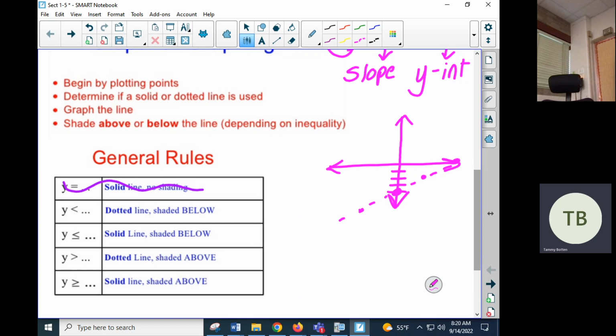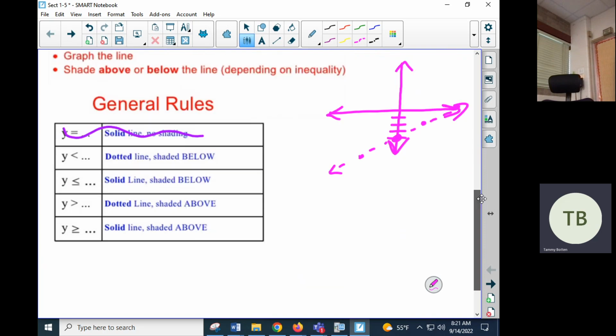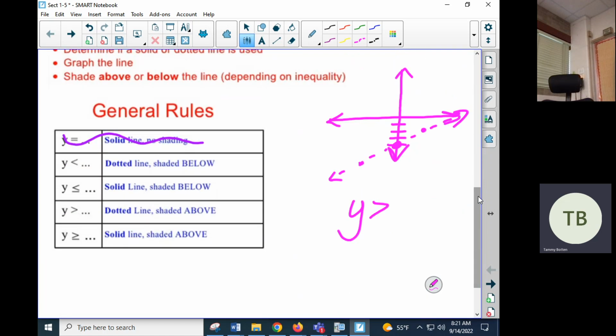And then some teachers teach it as you pick a point that's not on this line and you check if it works in the inequality, which you can do that if you prefer that. A lot of times what I'd say to choose is the origin. So you could go to y is greater than 2/3 x minus 4.